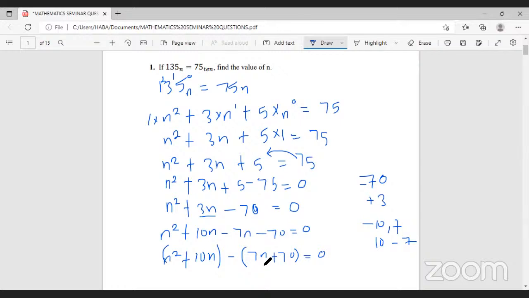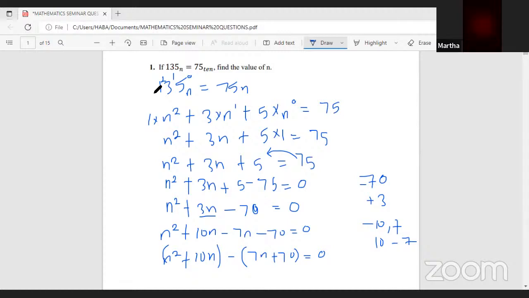Who can tell us why, in the second bracket, we changed everything to positive? Why did we do that? We changed it because outside we had negative 7n, then we multiplied it inside, so we multiplied the negative with the negative to get a positive.